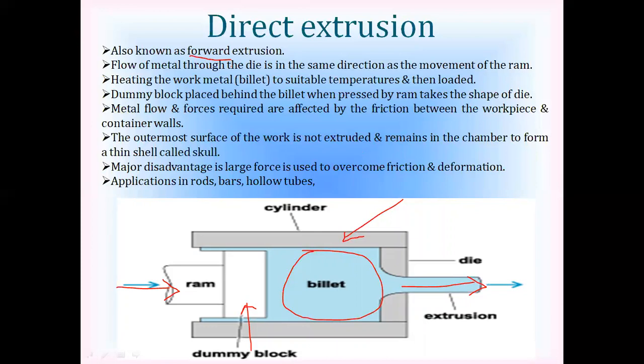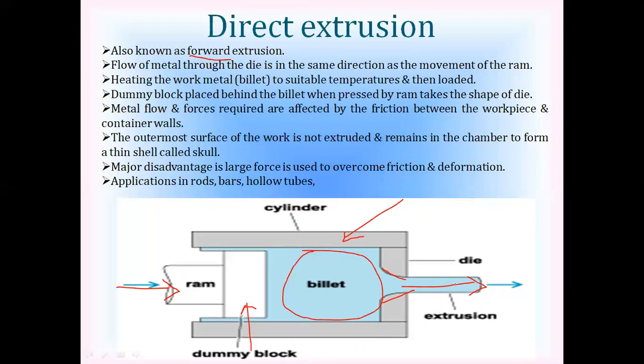So as I was telling you, here we are using the hot block of metal or a billet which is placed inside the container, and then we are applying the load with the help of a dummy block which is placed behind the billet, and through the ram it is being pressed such that the material gets extruded through these dies to get the desired shape and size of the product.